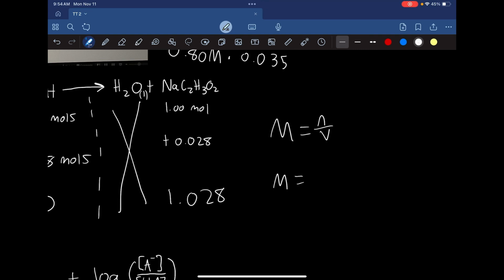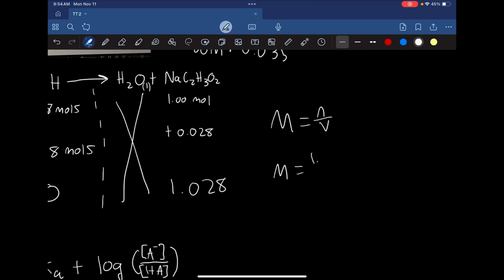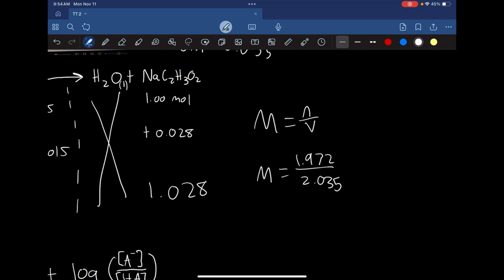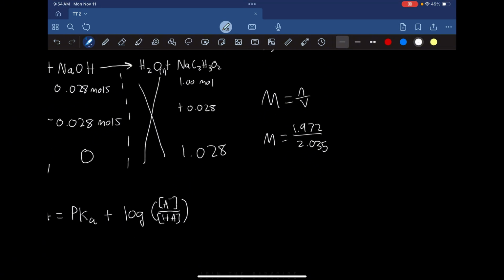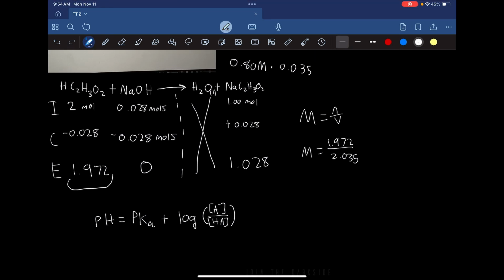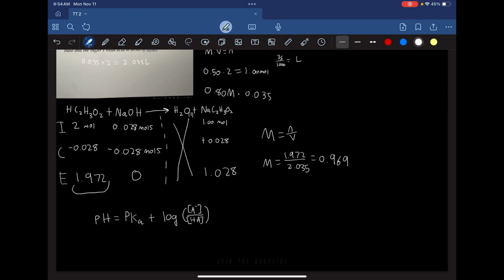Let's start with this one: M is equal to 1.972 divided by 2.035, which I got as 0.969.